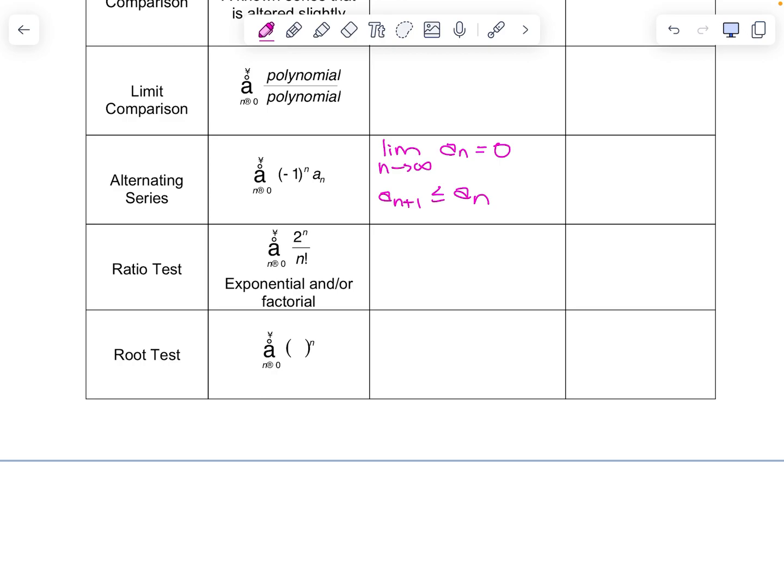Any other special notes we need to have on this one? Absolutely convergent. If the sum of n equals 0 to infinity of a sub n converges, right? It stopped writing, but it'll catch up in a second.